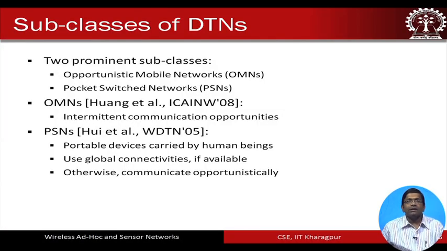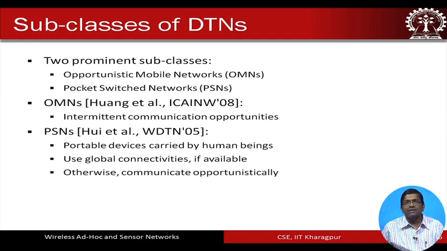So, these are some of the different subclasses of DTNs. Two very popular subclasses, these are not the only subclasses, are the OMNs, opportunistic mobile networks, and the other one is the pocket switch networks. We are going to go through each of them a little later.